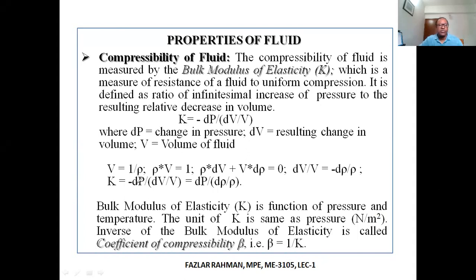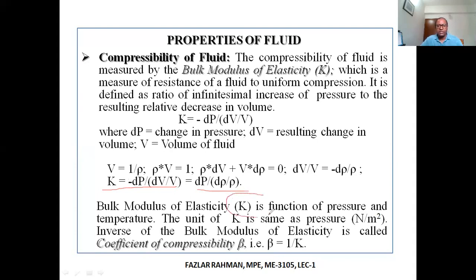So K equals minus dP divided by dV by V, or you can write K equals dP divided by d rho by rho. Depending on the situation, if density is given, you use this equation. If volume is given, you can use the other equation, but it gives you the same result.